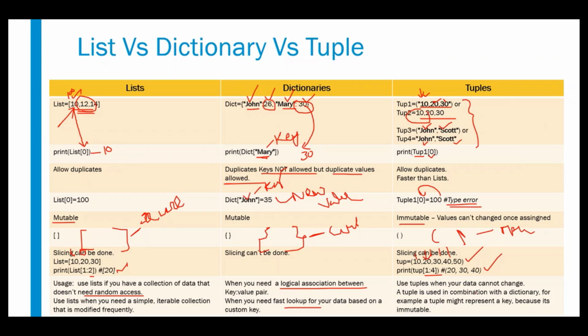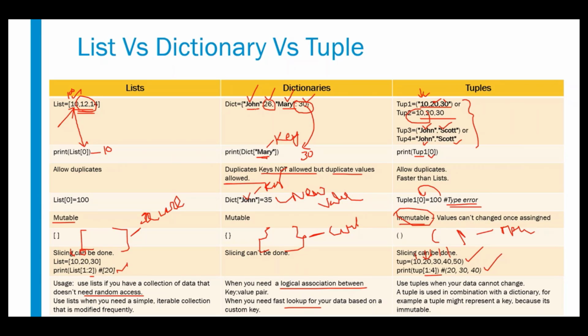And when do we go for tuples? Use tuples when your data can't change, because a tuple is immutable. So whenever we say tuple, we cannot change the data. A tuple is used in combination with a dictionary. For example, a tuple might represent a key because it's immutable. In dictionaries, keys cannot be changed, but values can be changed.